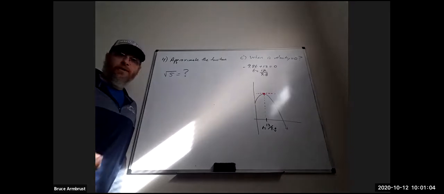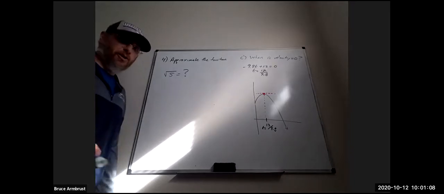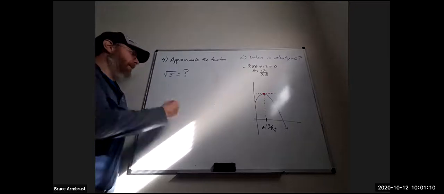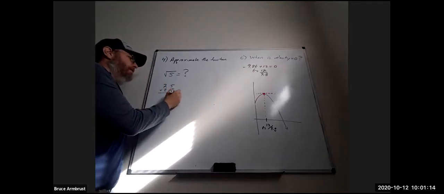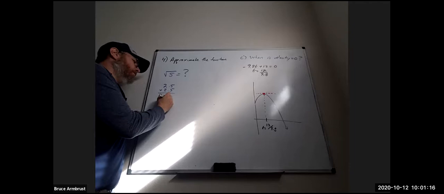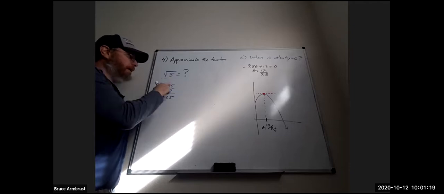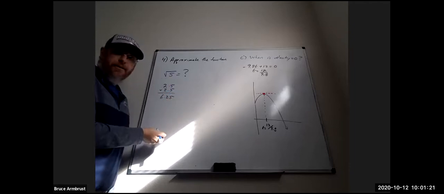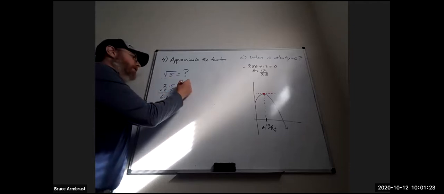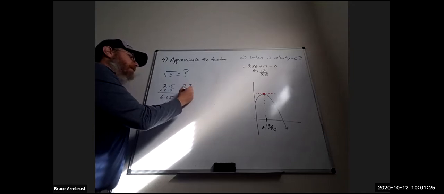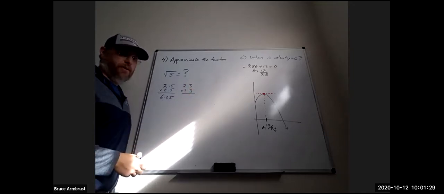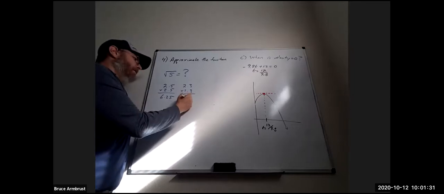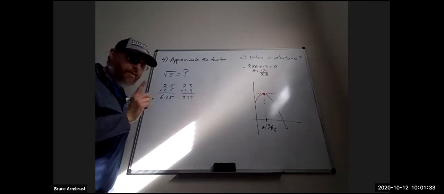I mean, we could do it the old-fashioned way, where you go, okay, I know it's a little bit bigger than 2, so let's try 2.5. 2.5 times 2.5 is 6.25. That's too big, so I bring it down a little bit. Let's try 2.3. 2.3 times 2.3 is 5.29, I think.